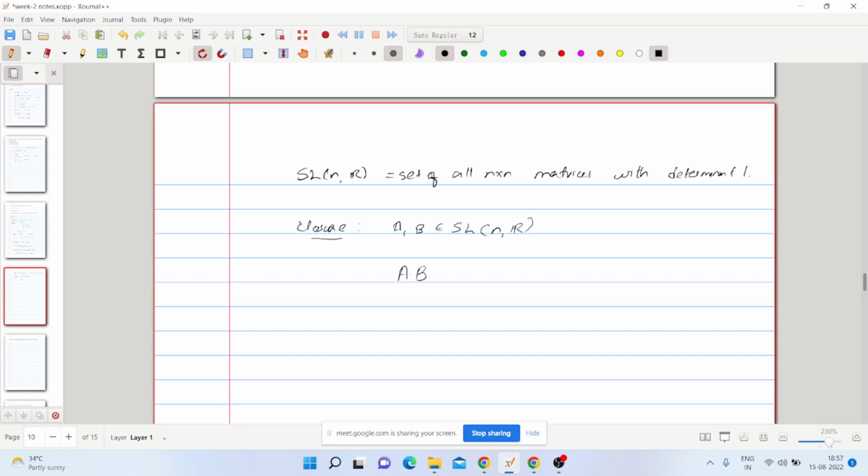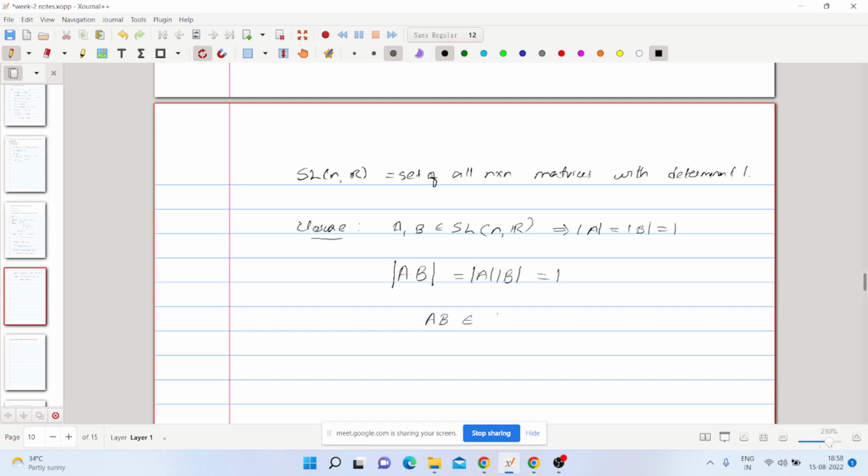In order to prove A dot B belongs to SLNR, what should be the condition? Determinant of A dot B should be equal to 1. A and B belonging to SLNR means determinant of A equals determinant of B equals 1. So determinant of AB is equal to determinant of A into determinant of B, which is again 1.